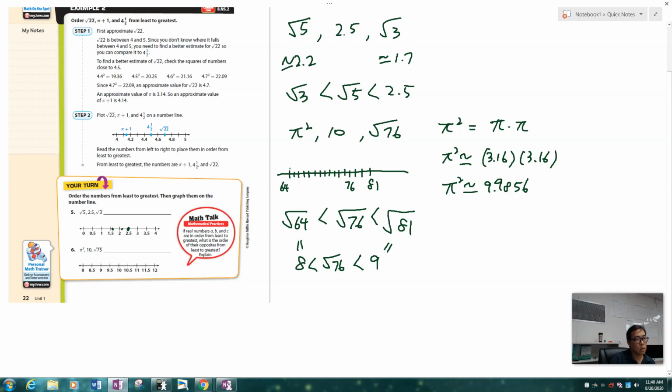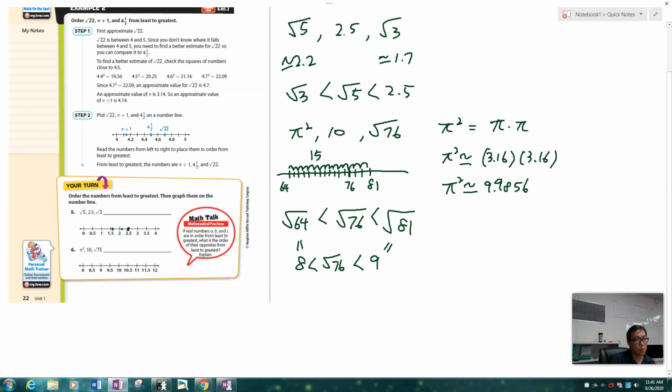Let's calculate it all: 1, 2, 3, up to 15. So 81 and 64 are 15 units apart, and 76 is very close to 81.